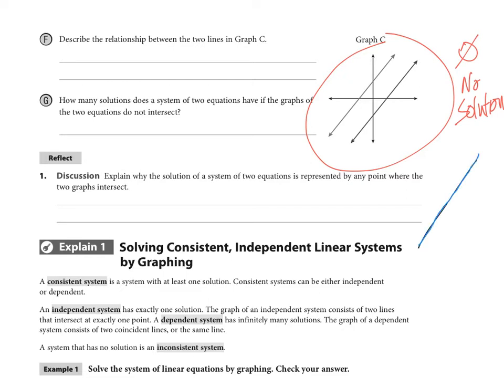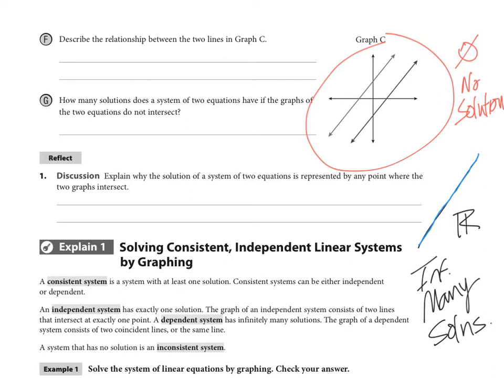In that case, the solutions, you might see this sometimes, all real, or it could also be infinitely many solutions. And I'm just using an abbreviation here.